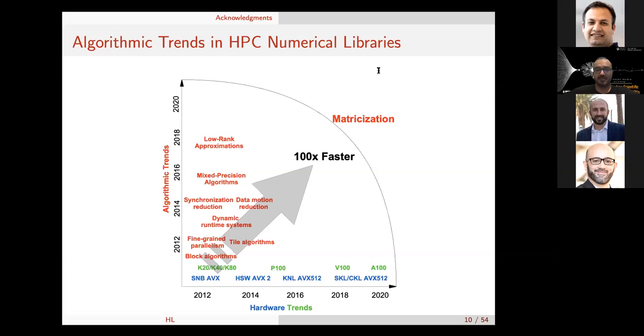So if your algorithm is expressed in terms of those basic matrix operations, you are basically off the hook when it comes to porting your application or numerical algorithm to that hardware, because the legwork would be done by the vendors.